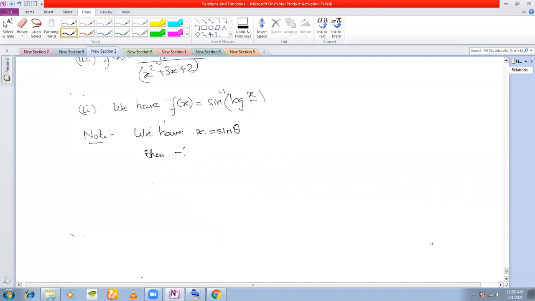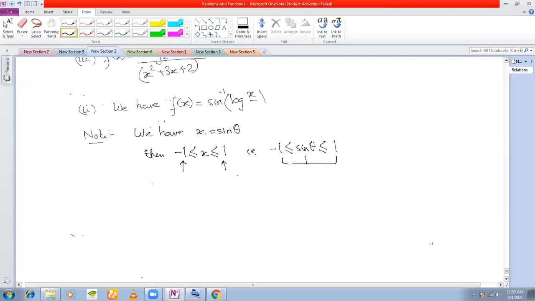Then we must have x lying between minus 1 and plus 1 only. The minimum value can be minus 1 and the maximum value can be plus 1. That is, minus 1 less than or equal to sine theta less than or equal to 1. That means sine theta always lies between minus 1 and 1.